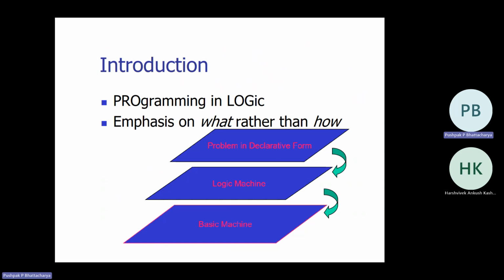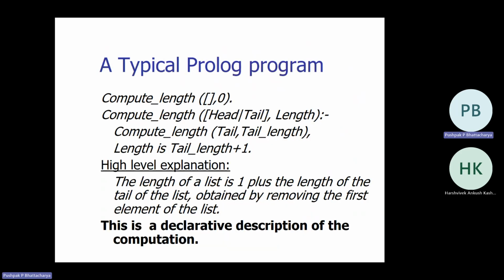So then a typical Prolog program looks like this. Suppose I want to compute the length of a string, or rather, the length of a list. The high-level description of this computation is the following. The length of a list is 1 plus the length of the tail of the list, obtained by removing the first element of the list.